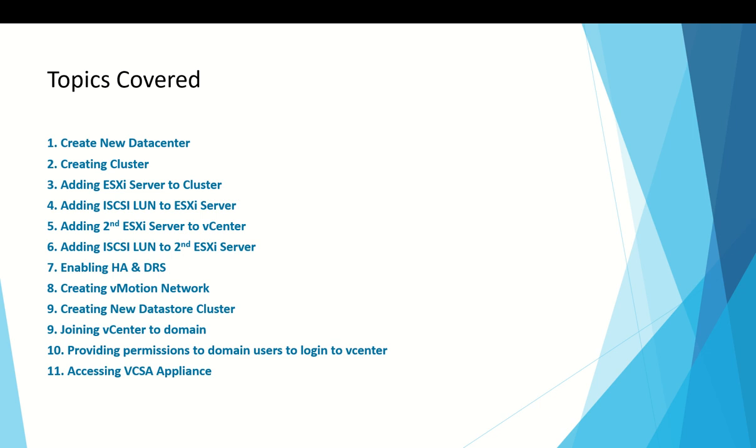Like if one ESXi box is using less memory and CPU, and another ESXi box is running on high memory and CPU, what it will do is migrate the VMs to the ESXi which has more resources available, and make sure that all ESXi boxes run on an equal level of VM CPU and memory utilization.